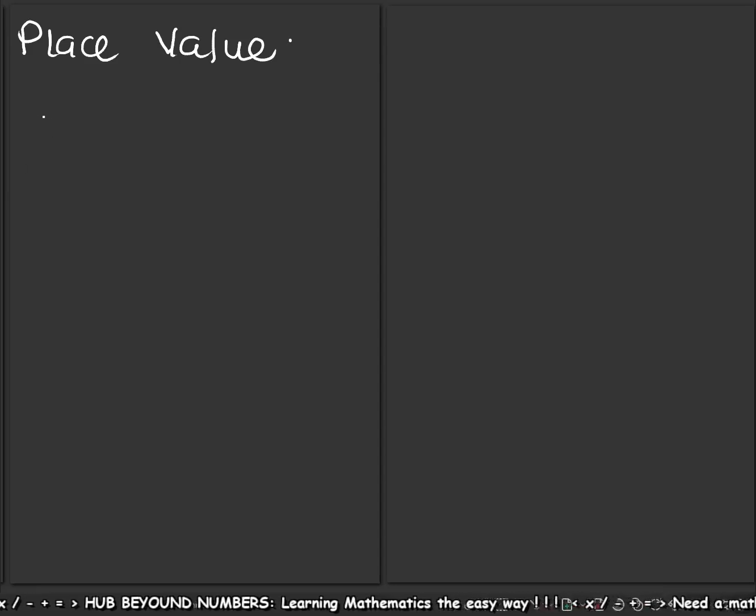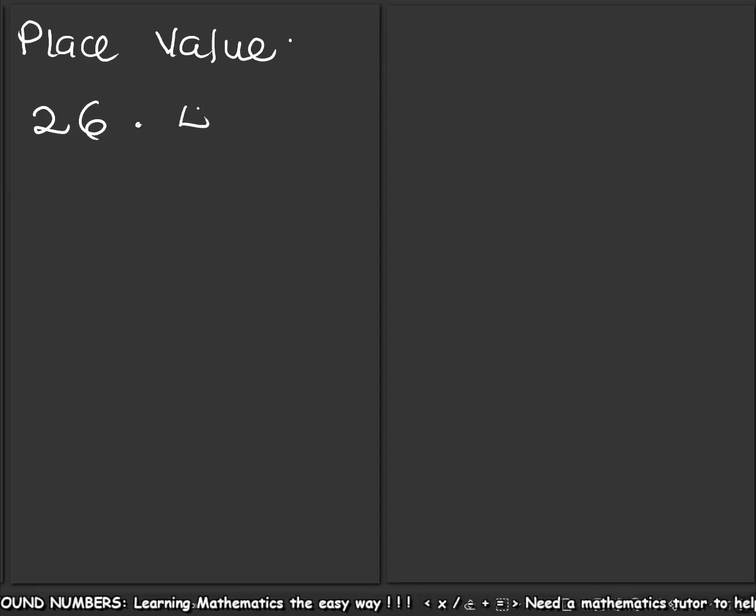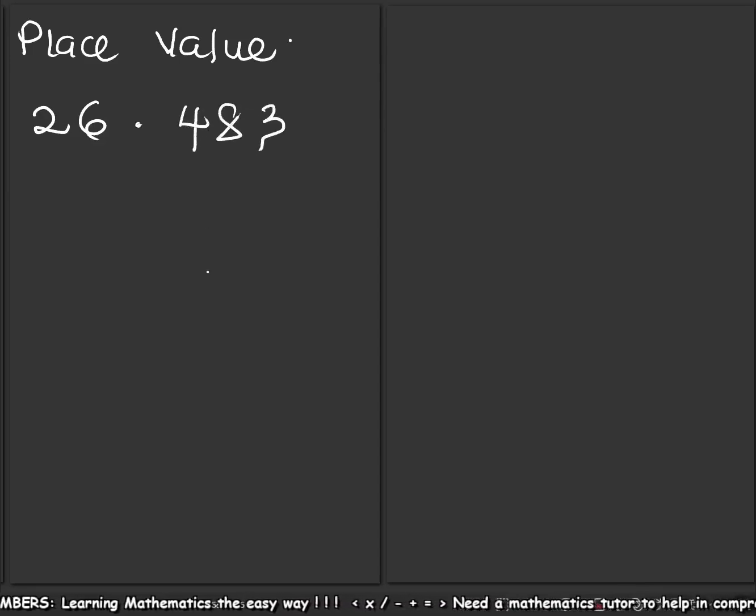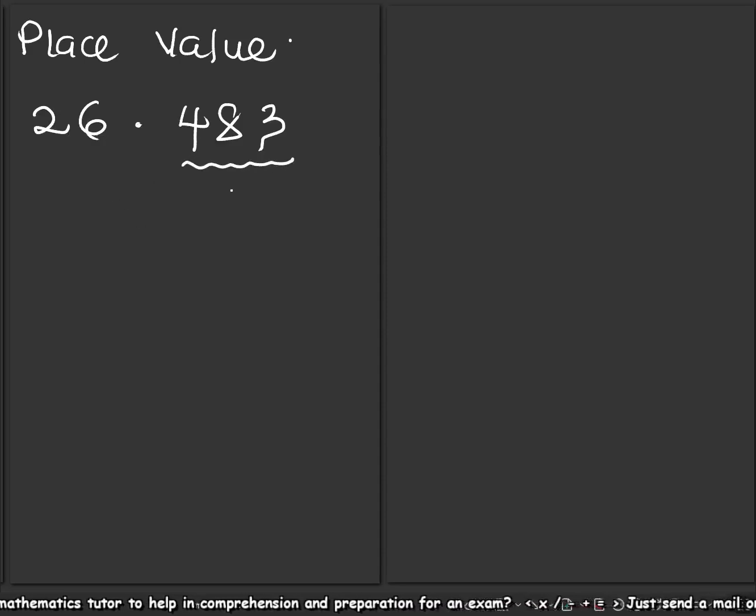Using this number, 226.483, as an example, you remember in our previous video, the set of numbers that come before the decimal point is the whole number, and the one that comes after the decimal point is the fraction part.